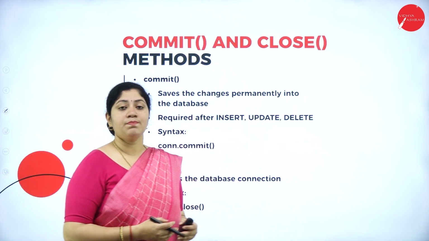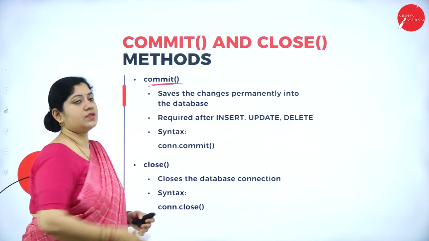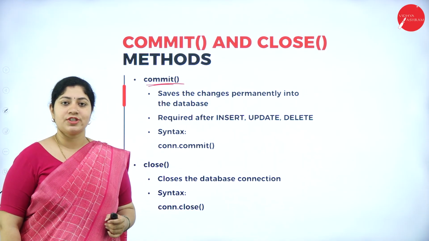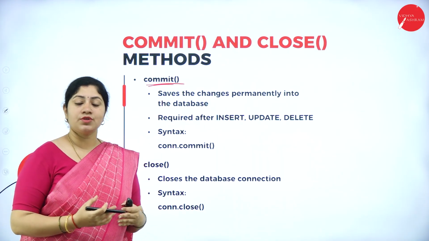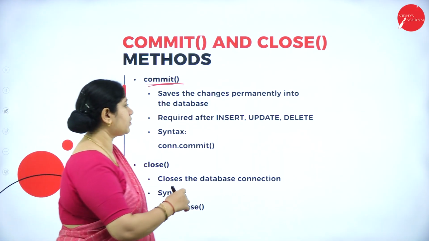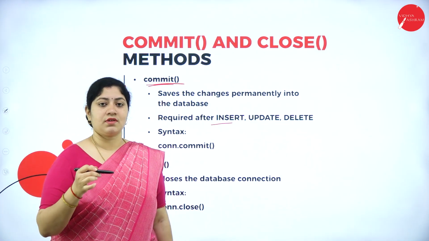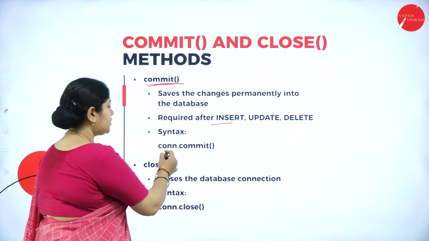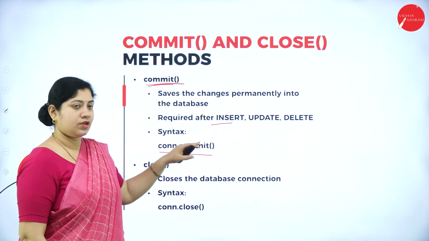Next one is the commit and close methods. Over here, the first thing is commit. It is used to save the changes permanently into the database, and it is absolutely required after some operations like insert, update, delete, etc. Let's see the simple syntax. It takes this form: connect.commit().